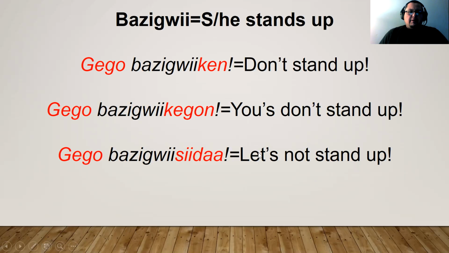Moving on, two or more people: Gego Buzzigwikegon. You all don't stand up. And our third negation here is let's: Gego Buzzigwisida. Let's not stand up.